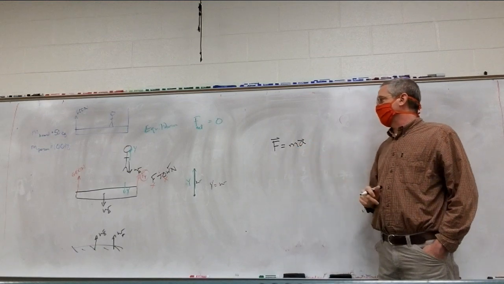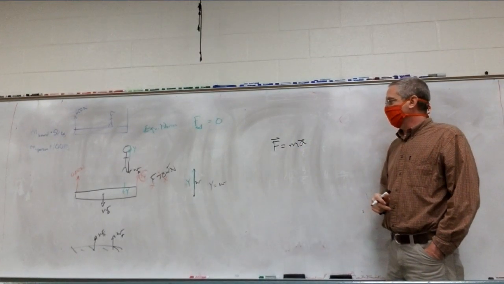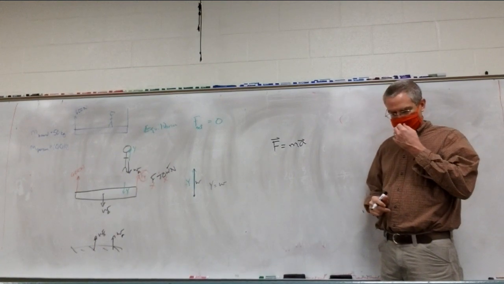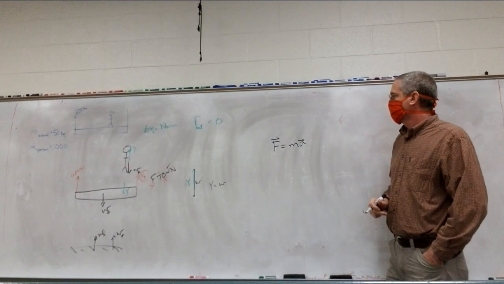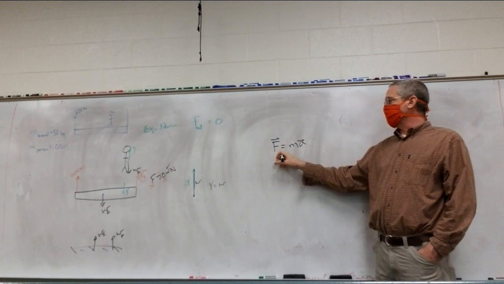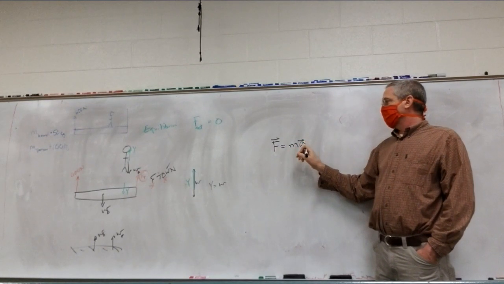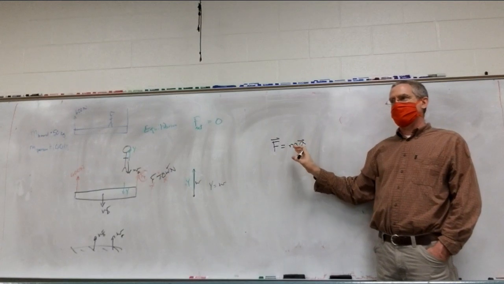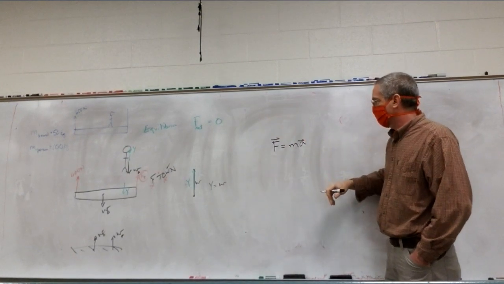This is what I consider the most important formula in all of physics. It is something that we will visit again and again. So the total force is equal to the mass times the acceleration of an object. Now, this is a chapter 4 thing, but it does come in handy when we're talking about how to find the weight of an object.